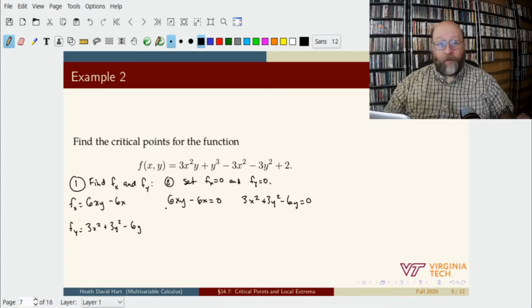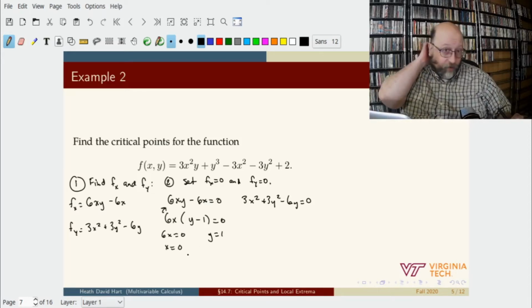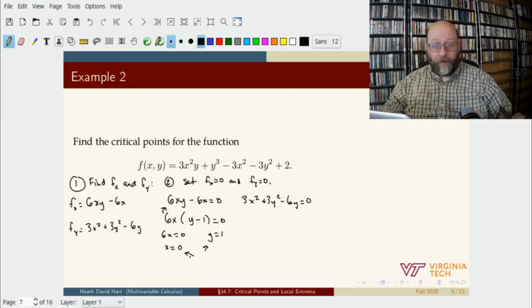I want to focus on this equation first, because this one factors nicely. We can factor this into 6x times y minus 1 is equal to 0. And so we get 6x equal to 0, and we get y minus 1 equals 0, which is y equals 1. And so we have two possibilities from this equation.